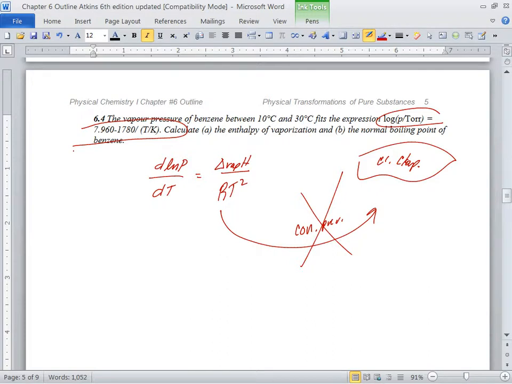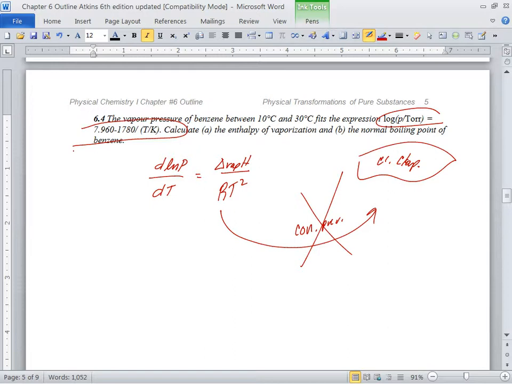Now, do you see the problem? d ln P, if we can take the derivative of a function with respect to temperature, we can get delta vap H over RT squared. But that function has to be ln P. It's not ln P, it's log P. Well, how do you turn log into natural log?